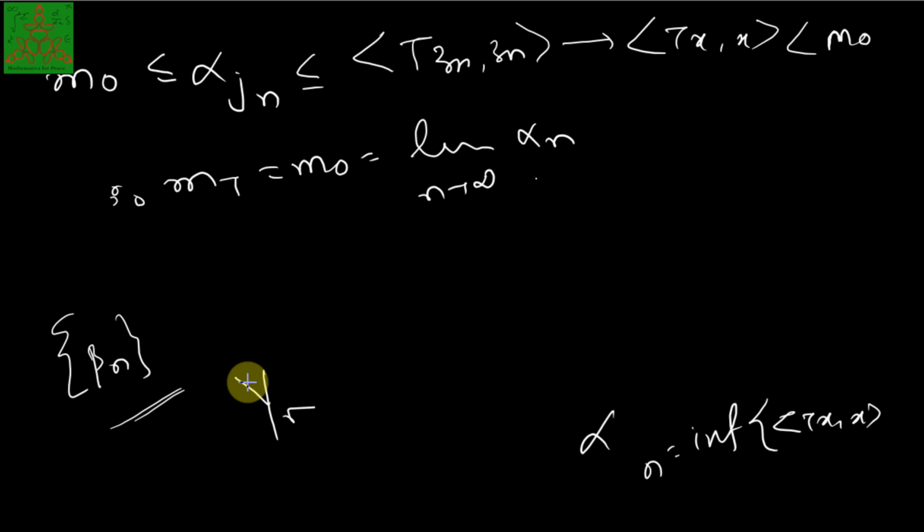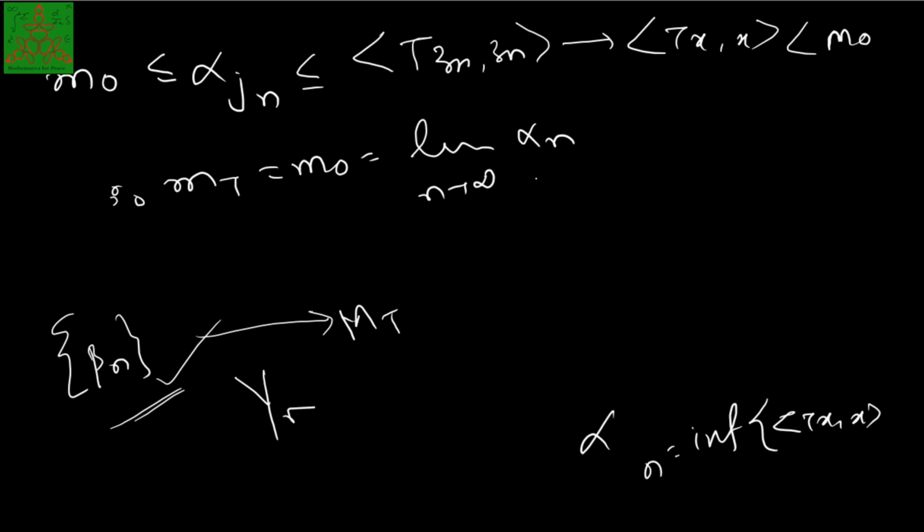So obviously it is a non-decreasing sequence, bounded above by capital MT, and hence it is convergent. And since it is convergent, in a similar way we can say that it converges to capital MT, and that completes the proof of Rayleigh-Ritz method.